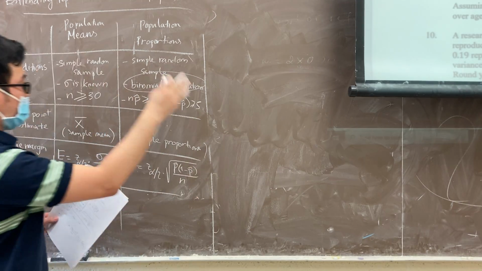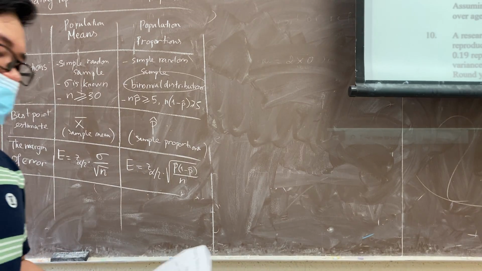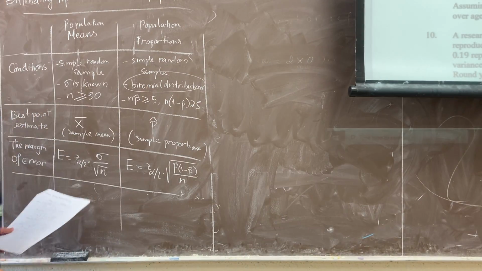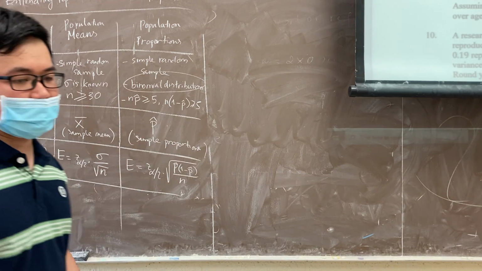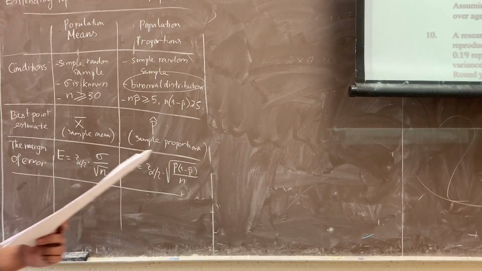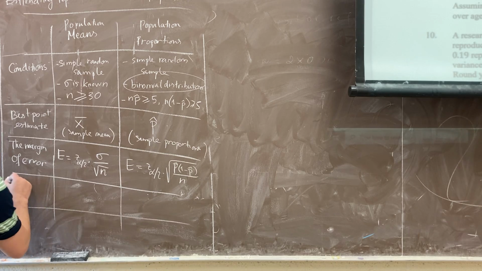You can find these formulas in my handout, but in this table I will summarize all the formulas from sections 8.1 and 8.4. When you find the margin of error, the critical value is found by using table 8.1. So you can find the critical value.